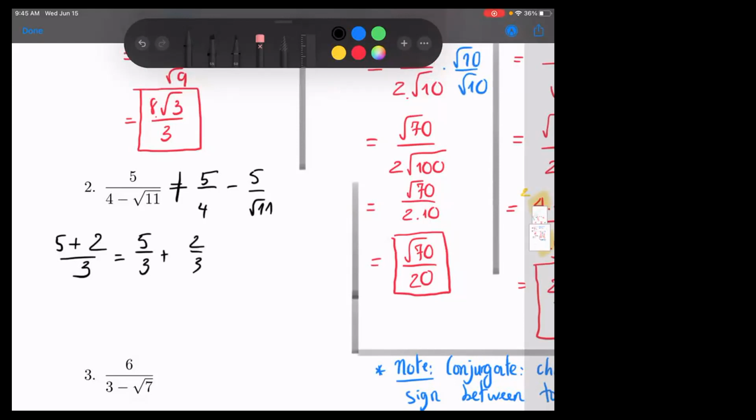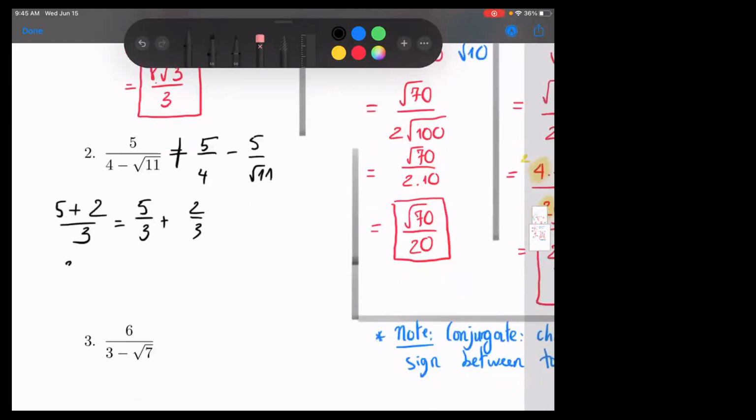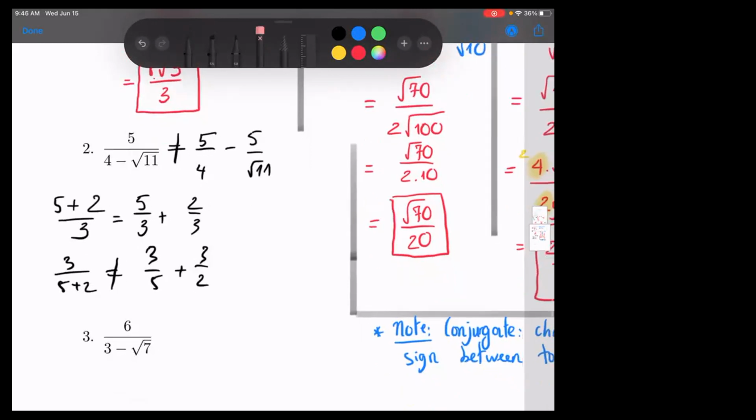But it is not true if you have 3/5 plus 2 on the bottom. You cannot do that. You don't believe me? You can plug it into your calculator. 3/(5 plus 2) is not equal to 3/5 plus 3/2, right? So when you have addition or subtraction in the bottom, you cannot split.